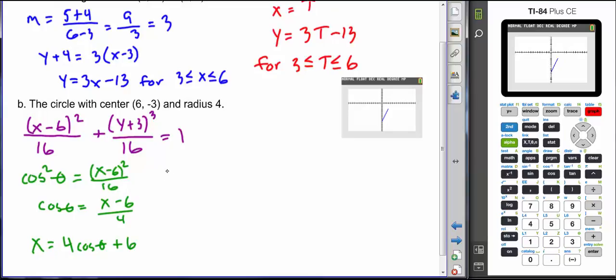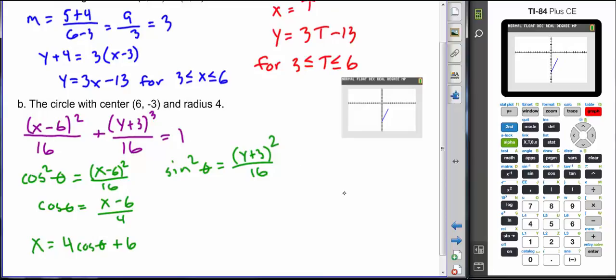I'm going to do the same thing with the second term. I know sine squared theta would be (y plus 3) quantity squared over 16. Again, folks, these two equations are coming from knowing cosine squared theta plus sine squared theta equals 1. And so we're just trading. We're saying this has to be cosine squared, this has to be sine squared.